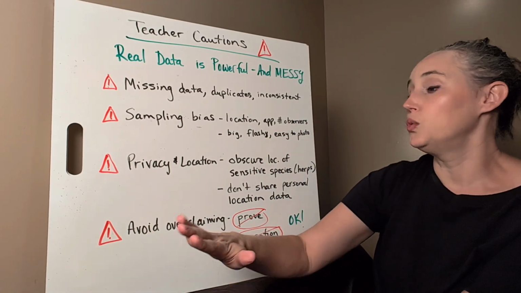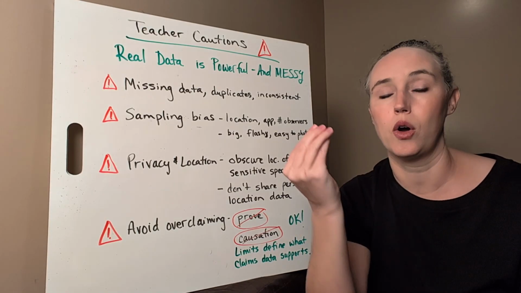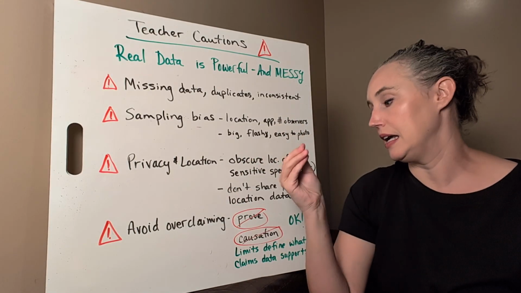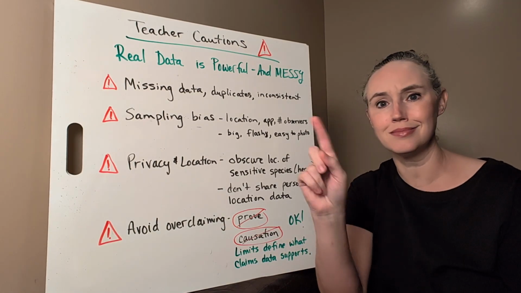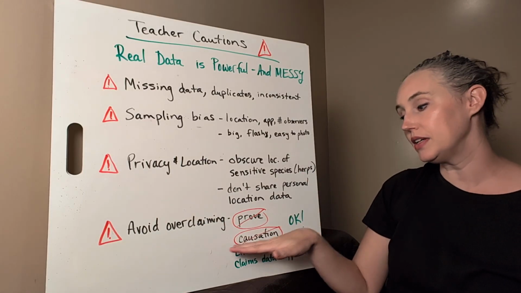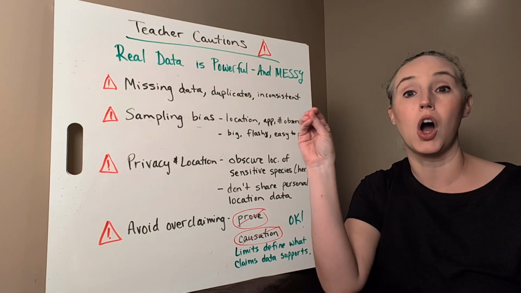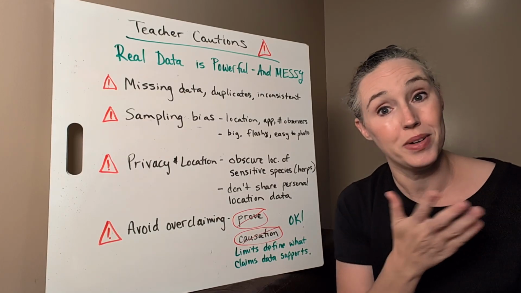And then you want to teach the students to avoid overclaiming. And this is super important. So we don't want to say, this data proves, but rather, this data suggests. And definitely not to draw causation relationships, maybe correlation, but not causation.